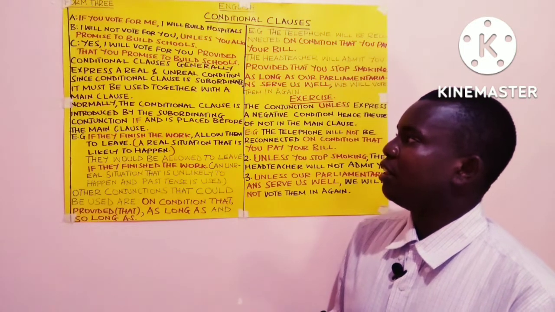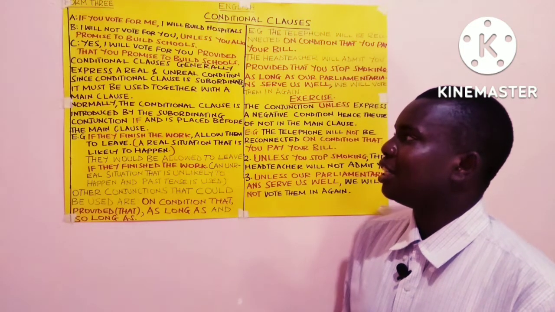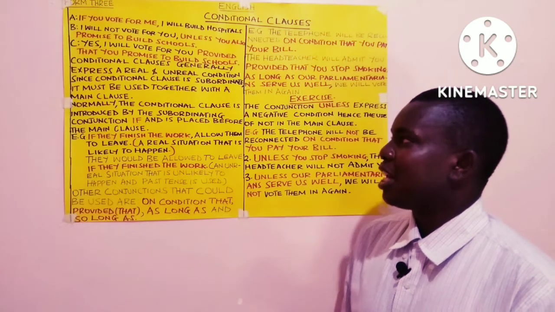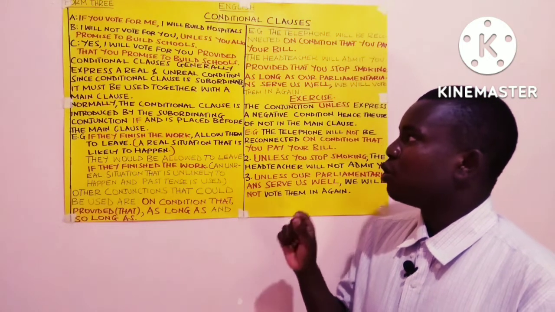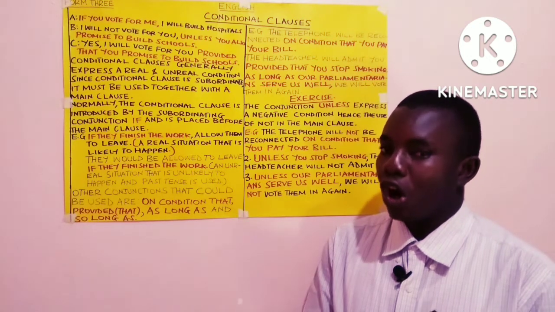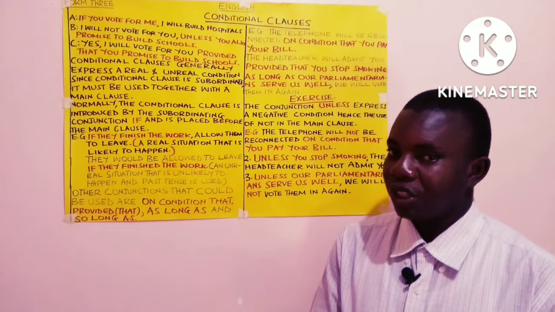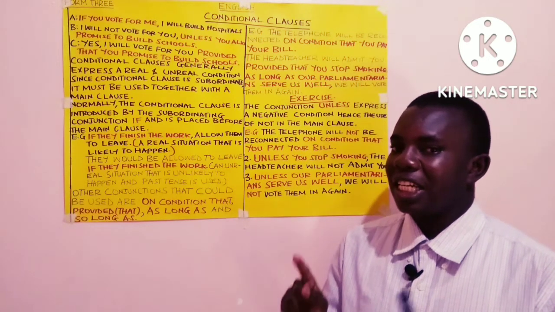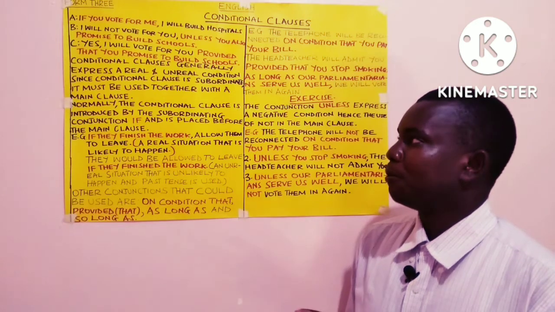The first statement by A, the politician, states, "If you vote for me, I will build hospitals." The clause in red is "if you vote for me."